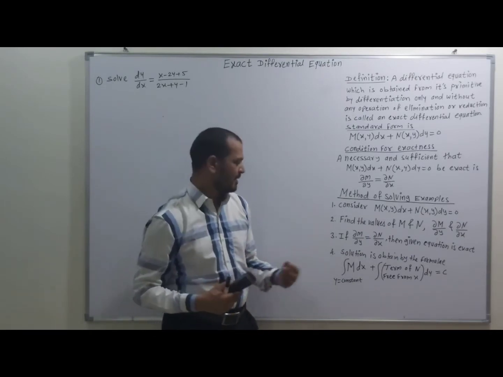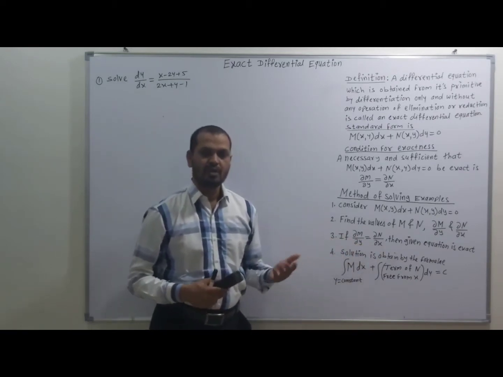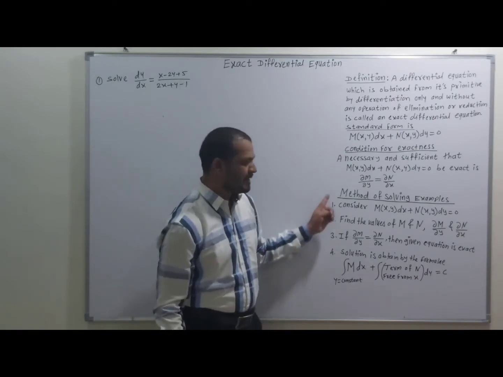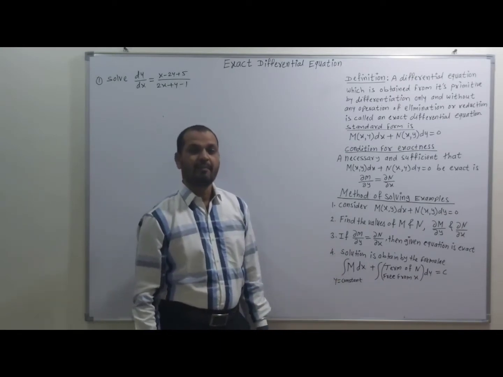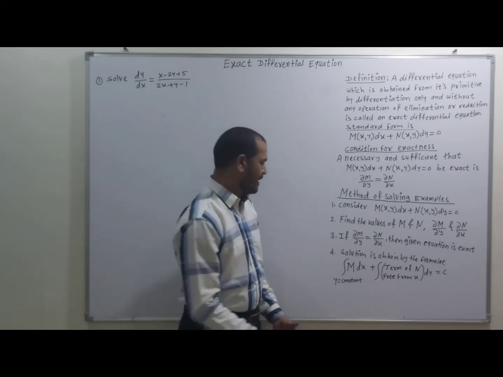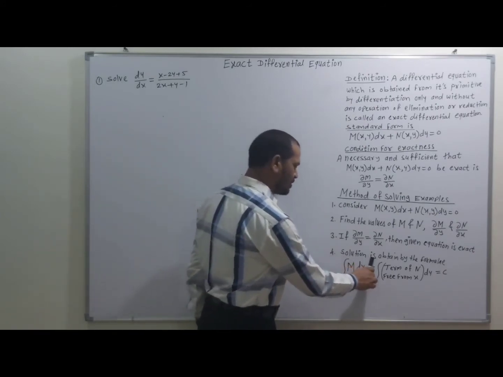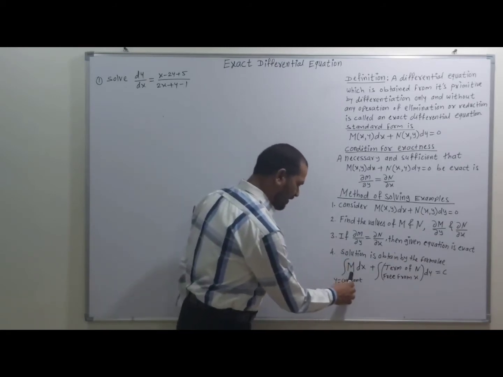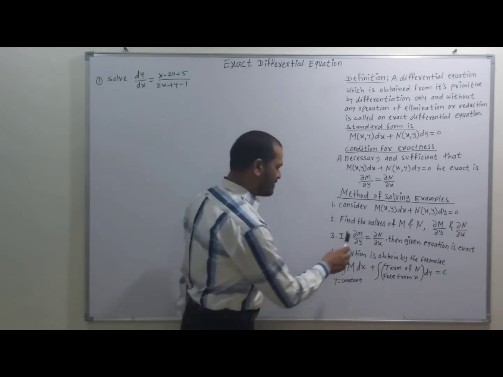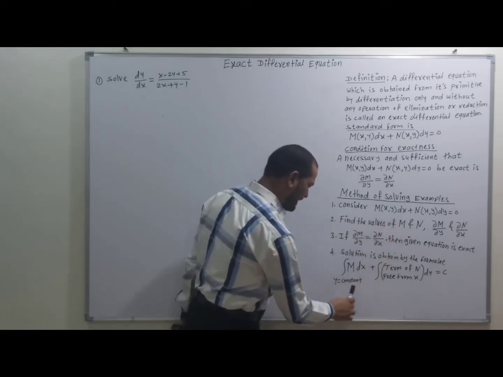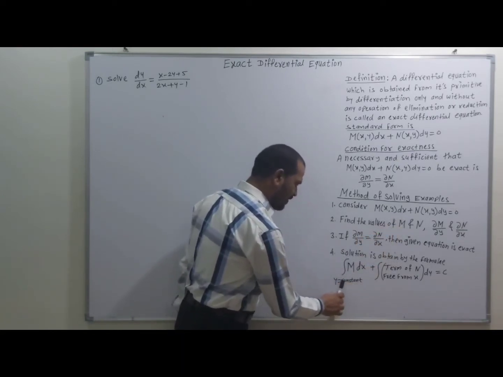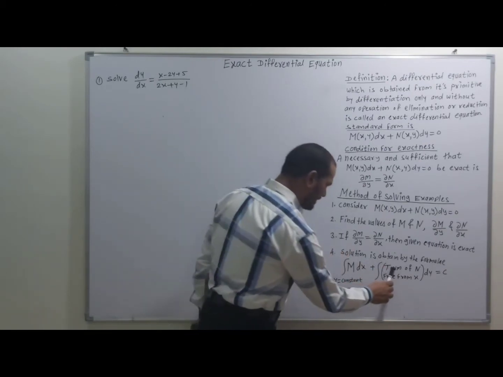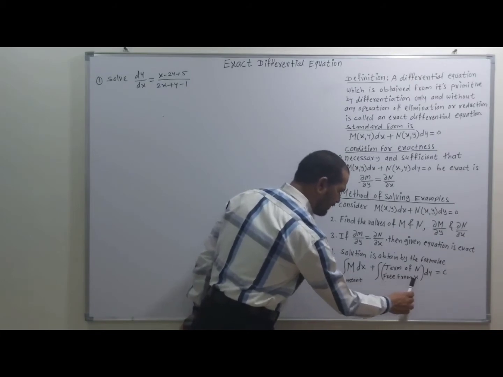Friends, there are some examples where this condition does not hold. We are solving such types of examples in our next video lecture. For the time being, just try to understand the method of solving an exact differential equation. Now the fourth step is that the solution of this equation is obtained by the formula: integration of M dx, where M stands for the coefficient of dx, treating y as constant, plus the integration of those terms of N which are free from x, with respect to dy, is equal to c.